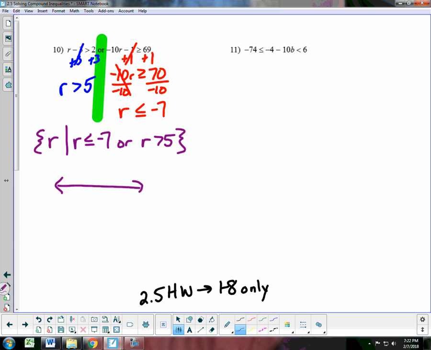Graphing, we've got negative 7, and we've got positive 5. We are going to graph to the left and open circle graph to the right.